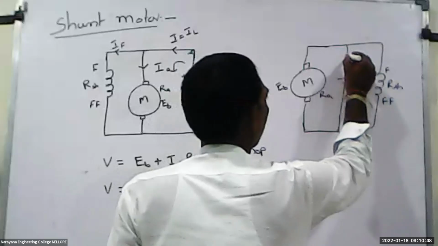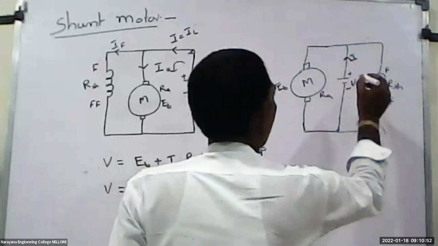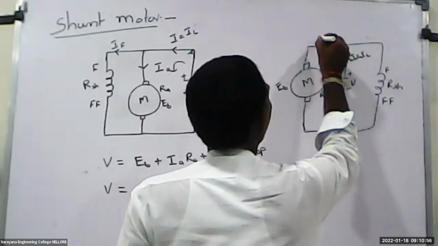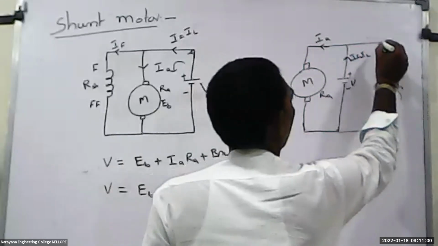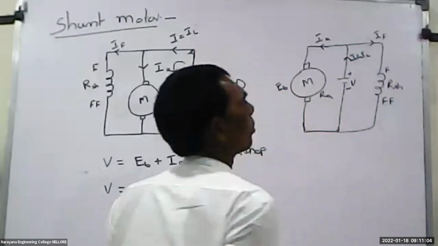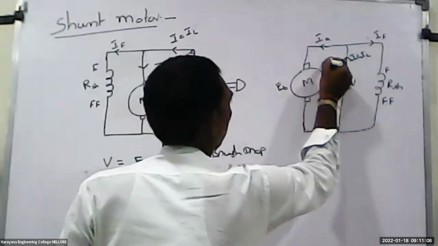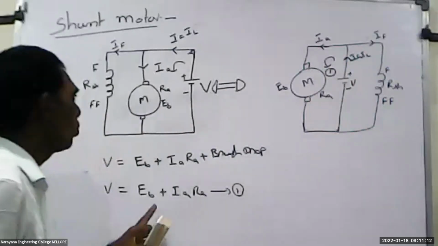The current delivered by the source is represented as I or IL, the current passing through the armature is represented as IA, and the current passing through the field winding is represented as IF. Previously I applied KVL for loop 1 and got equation 1.